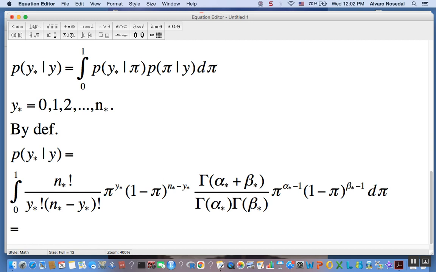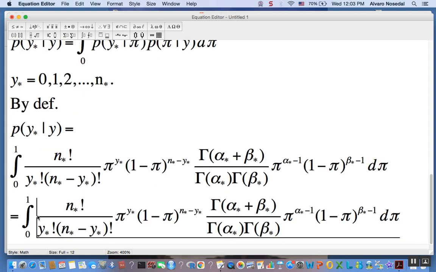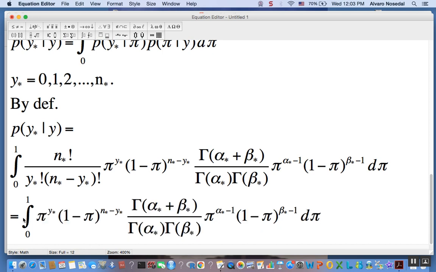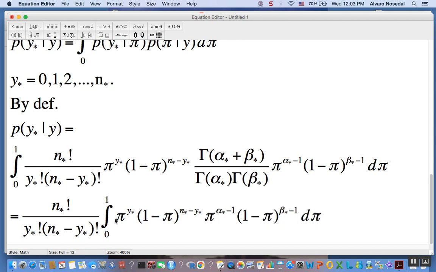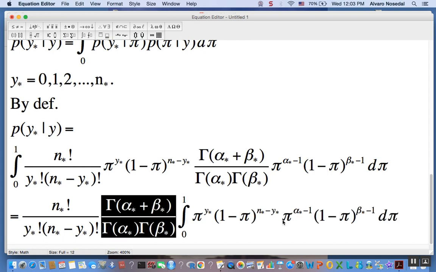Okay, now I want you to note something interesting here. We are integrating with respect to pi. So if we have terms that do not involve pi, those are constants, right? So we're going to pull those constants out. For instance, this one here, we could pull out. That constant here, we could pull out as well. And now what we could do is a little bit of algebra, right?